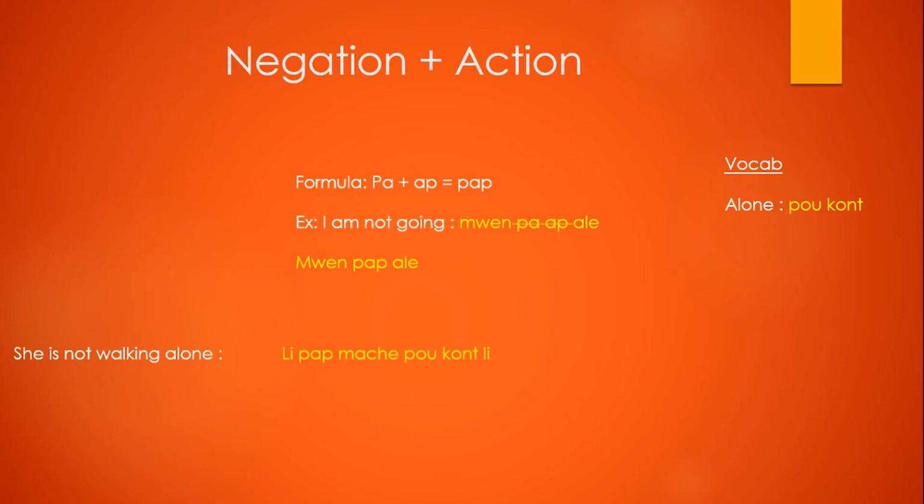So where we should have had li pa ap marcher pour compte li, we now make the pa ap into pap. So we took out one A, so it becomes li pap marcher pour compte li. All right, hopefully you can see that, but let's look at one more example.